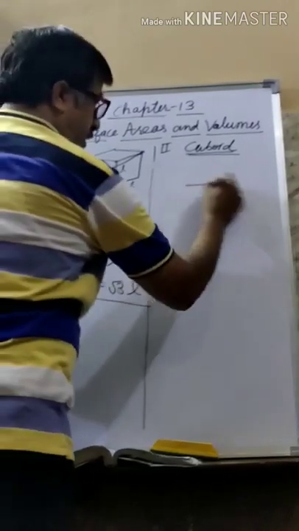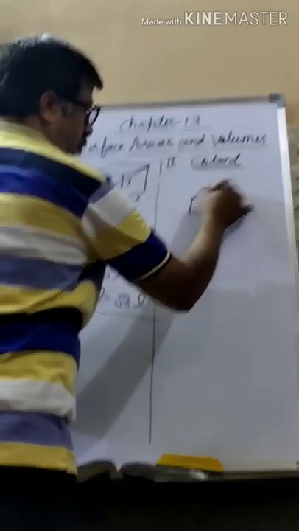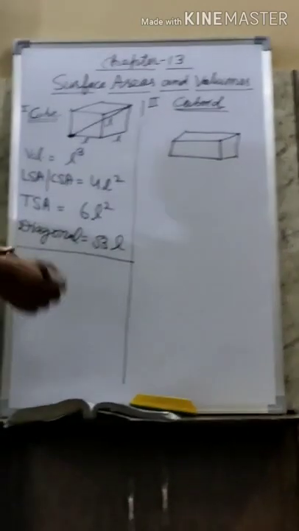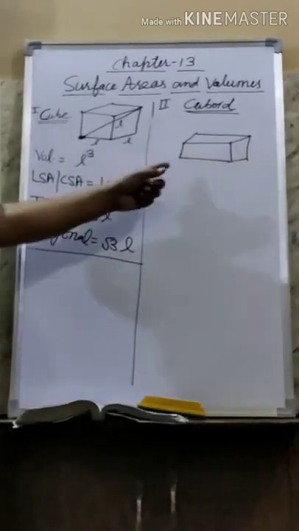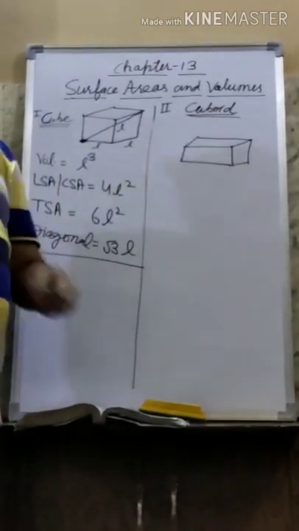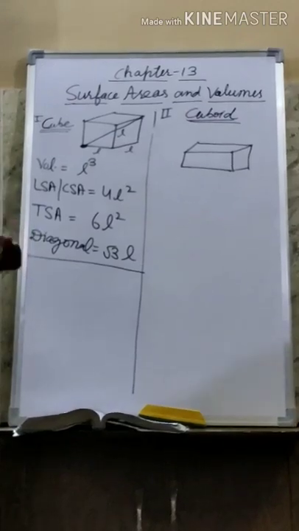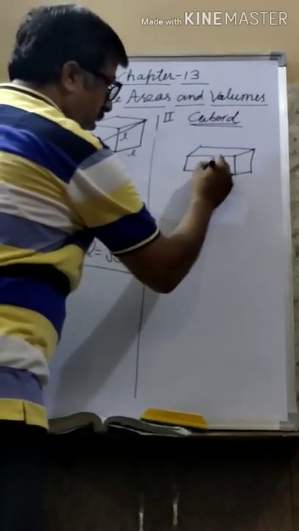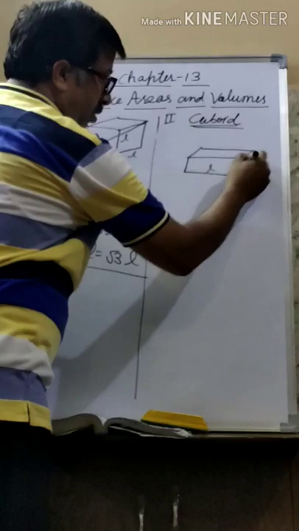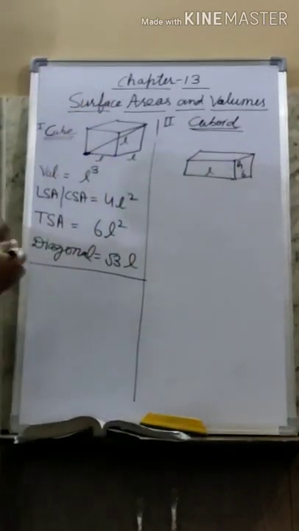Cuboid. Cuboid is the shape of a brick. In this way, length, breadth and height are different. Clear this? So it is L, it is B and this is height. L, B, H is given.